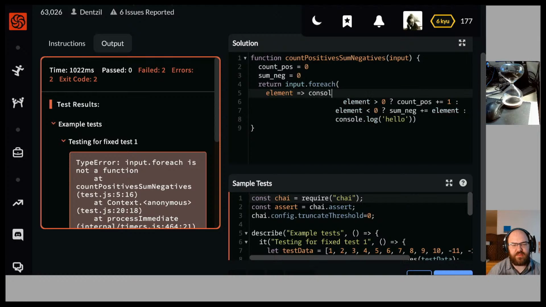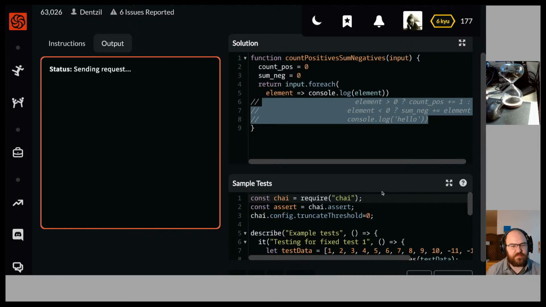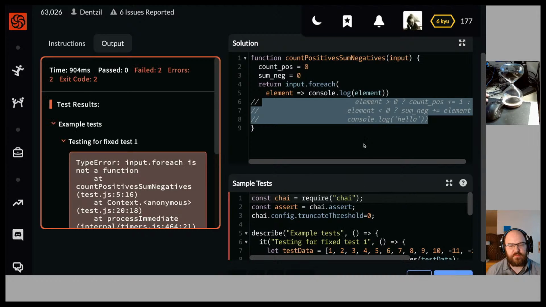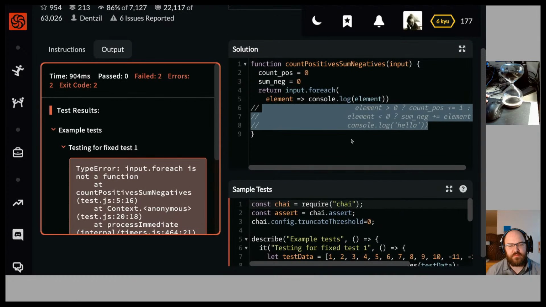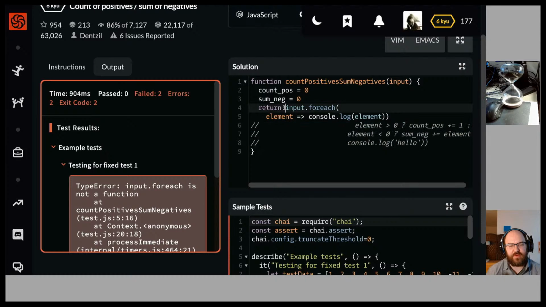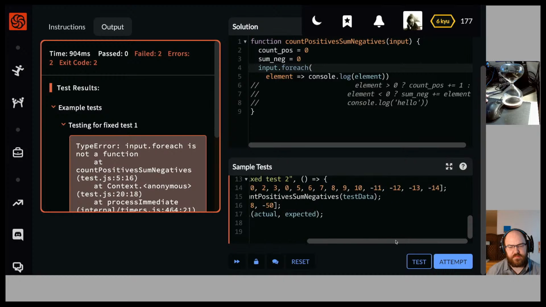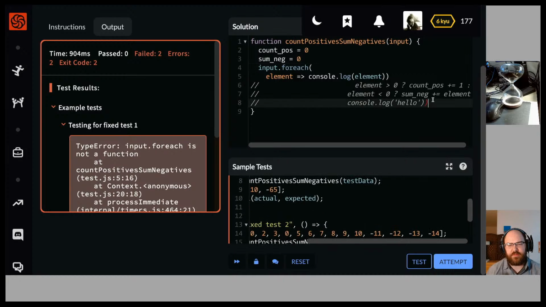Okay, let's simplify this. Console.log element and comment out these lines. Oh, well, for one thing, we don't want to return that. Maybe the return was the problem.